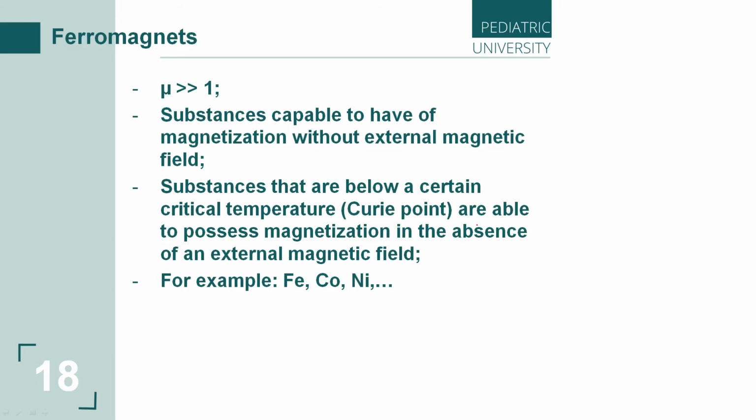These substances, below a certain critical temperature called the Curie point, are able to possess magnetization in the absence of an external magnetic field. For example, cobalt, iron, nickel, and other materials. Don't forget, substances capable of having magnetization without an external magnetic field are magnets.